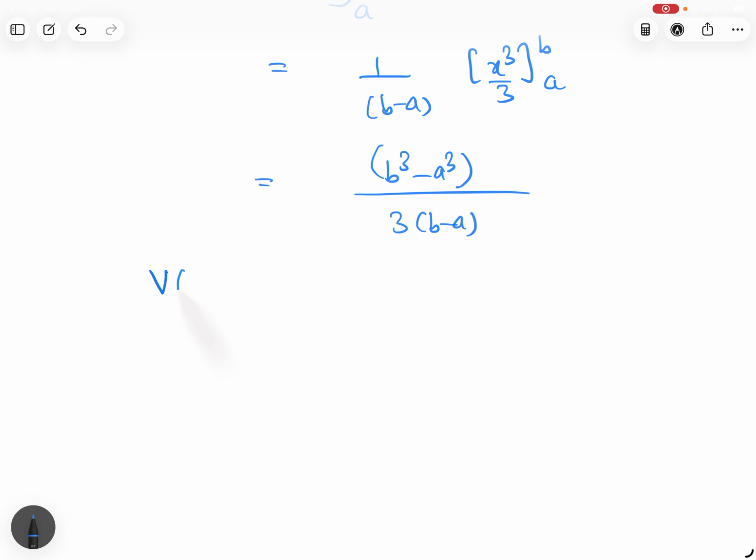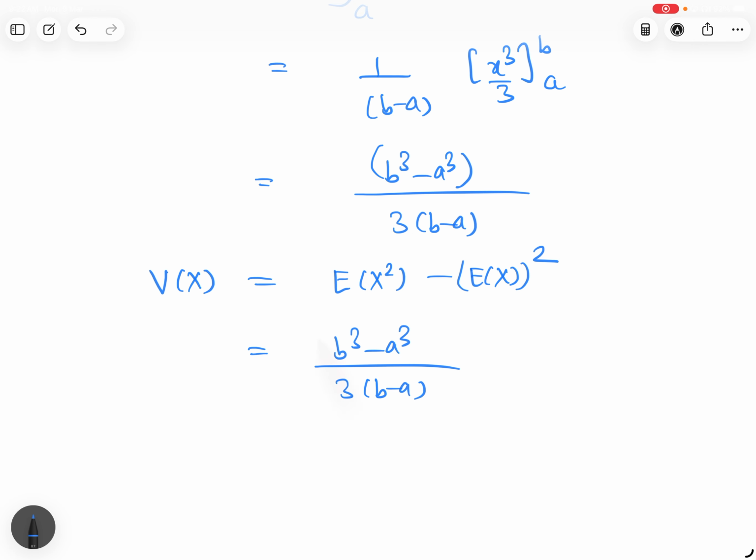Now what will be the variance of X? Use this formula, we already know. We got this, minus ((a plus b) by 2) square.